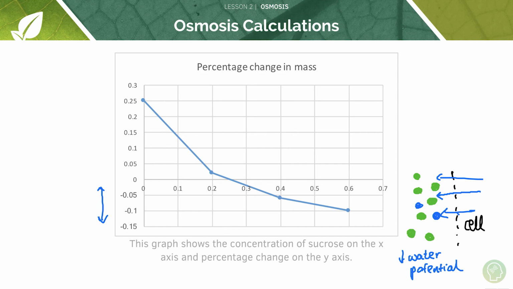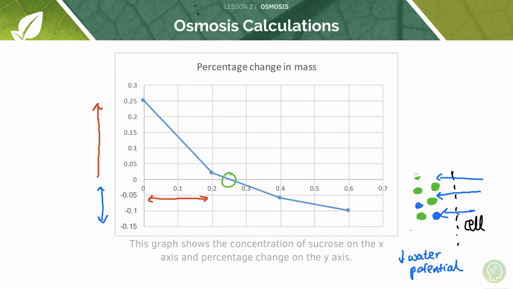Whereas at this point here, the sucrose concentration is equivalent inside and outside of the cell, so there's going to be less water movement. So notice we're talking about water movement because here we're looking at the change in water moving across this partially permeable membrane. But here, where the sucrose concentration outside the cell is perhaps lower, we can see that here it's lower on the graph.